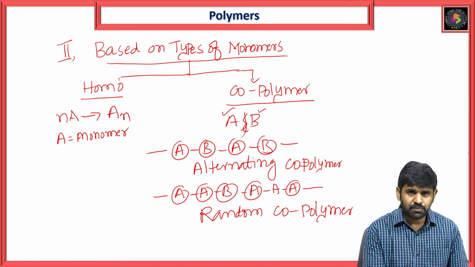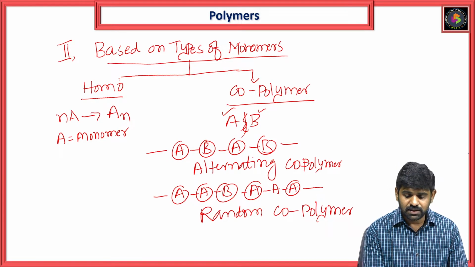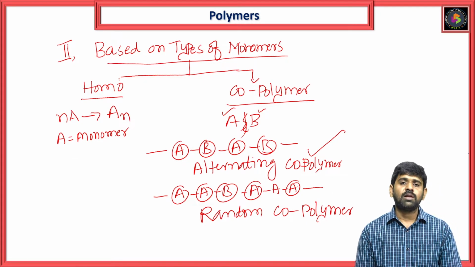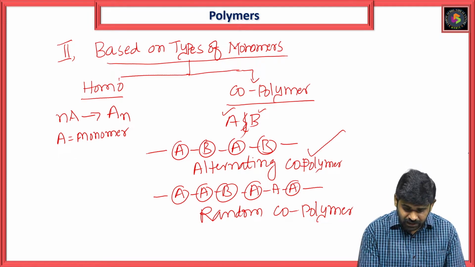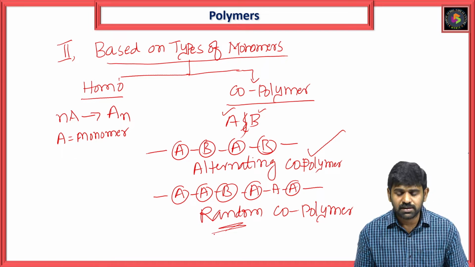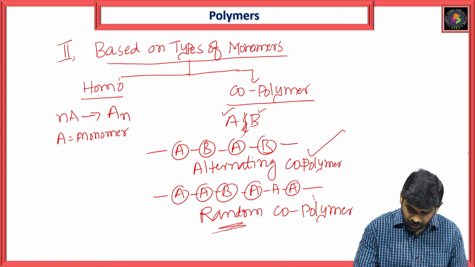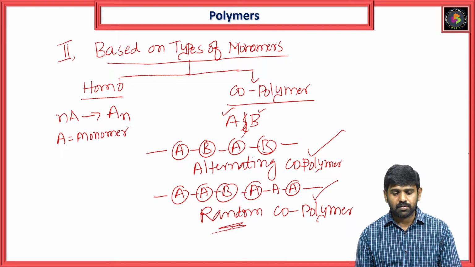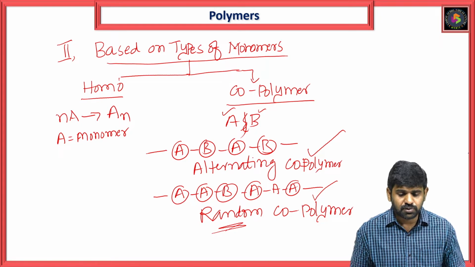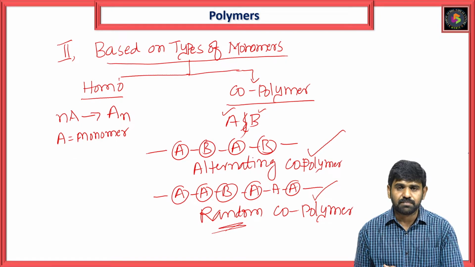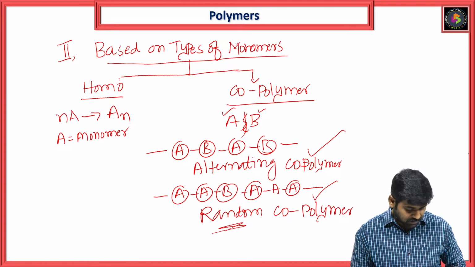If A and B are arranged in alternating manner, it is an alternating copolymer; if arranged in a random manner, it is a random copolymer. So this is about classification based on types of monomers.